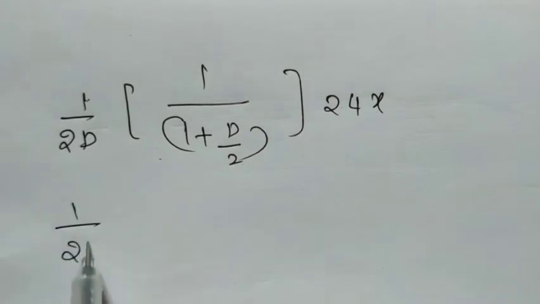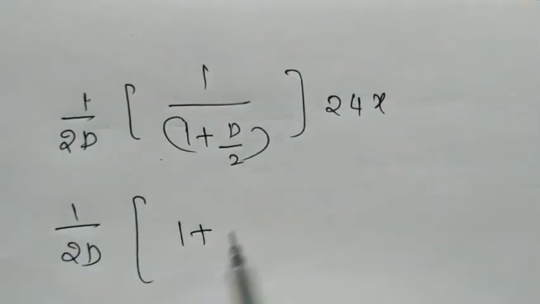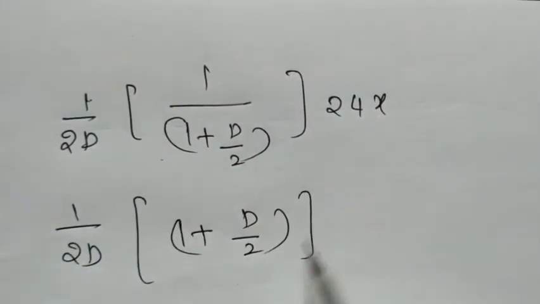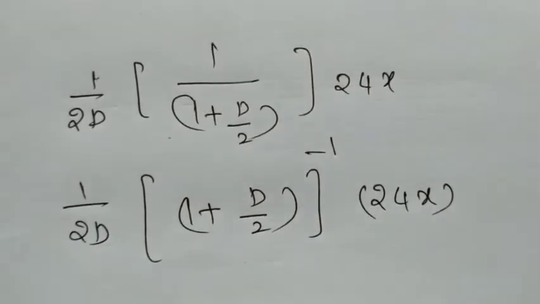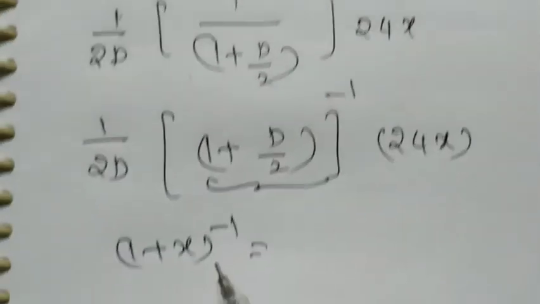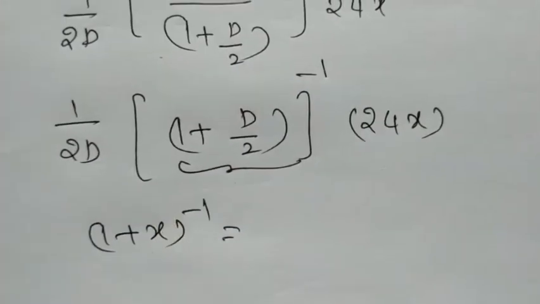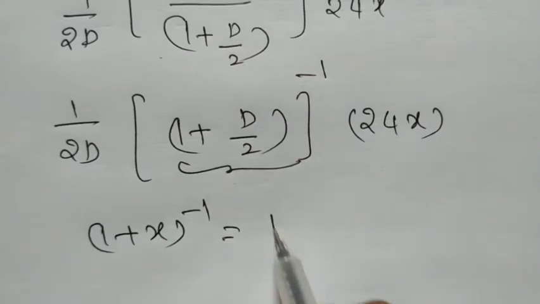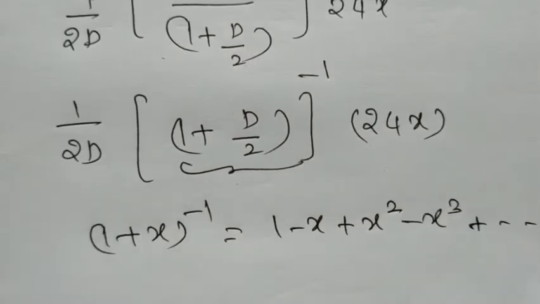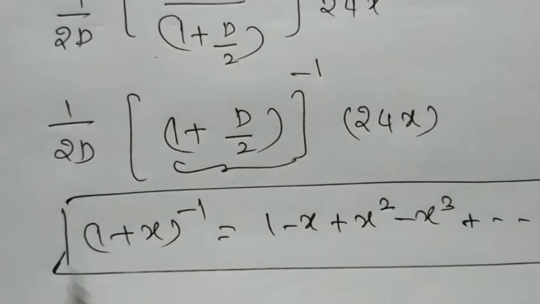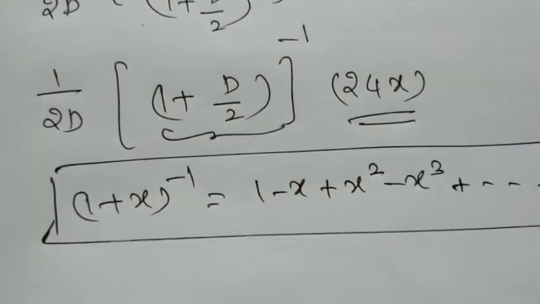So 1 by 2d, this can be written as (1 plus d by 2) whole power minus 1 into 24x. Again by using this formula, (1 plus x) whole power minus 1, the formula is 1 minus x plus x square minus x cube plus and so on. So here first to find the d values.